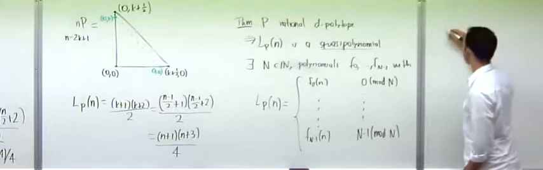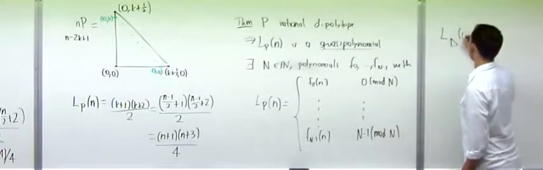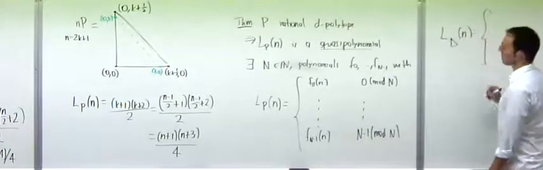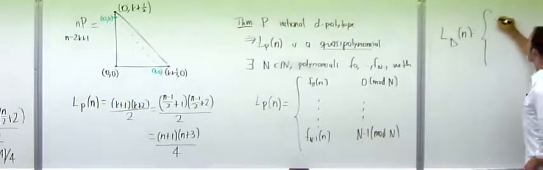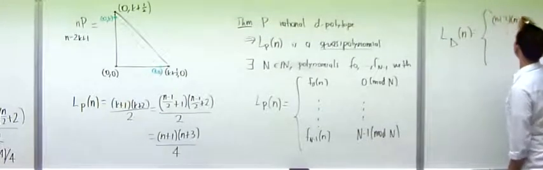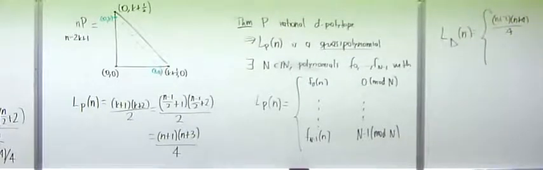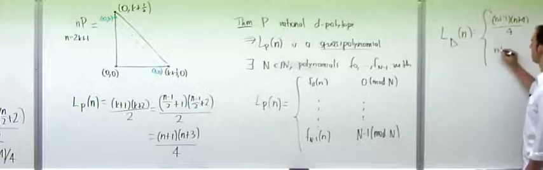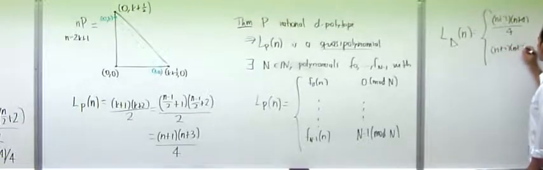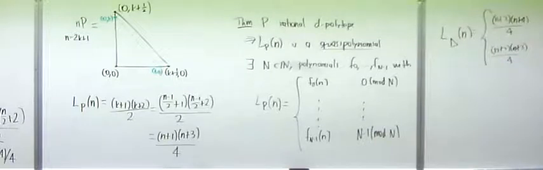And so, for example, what we did there says that the Ehrhart quasi-polynomial of this thing is (n plus 2)(n plus 4) over 4 if n is 0 mod 2, and it's (n plus 1)(n plus 3) over 4 if n is 1 mod 2. Okay? And basically the point is that this works for any rational polytope.